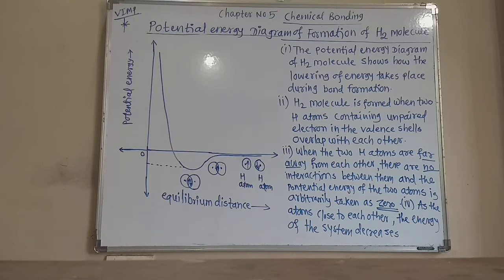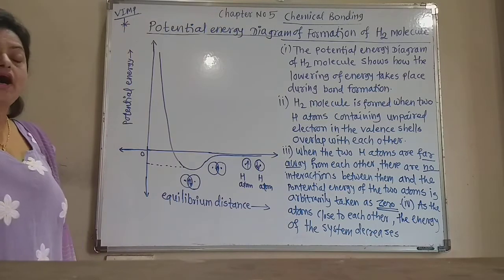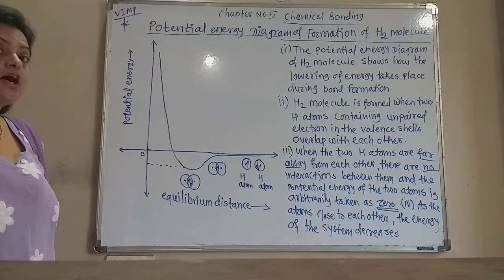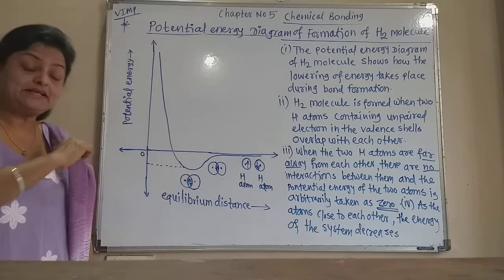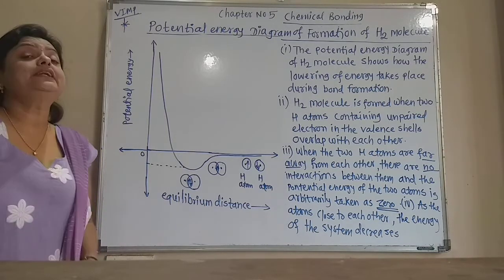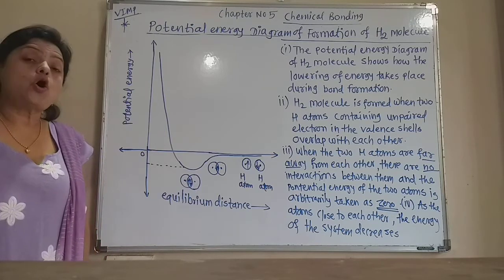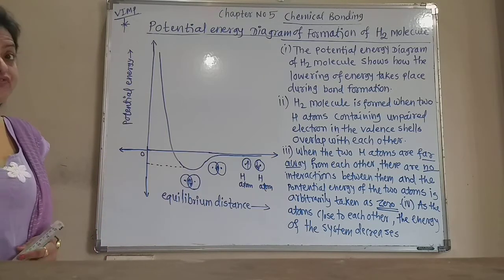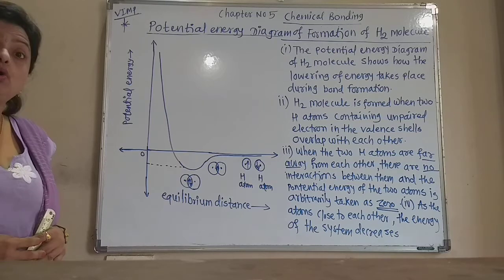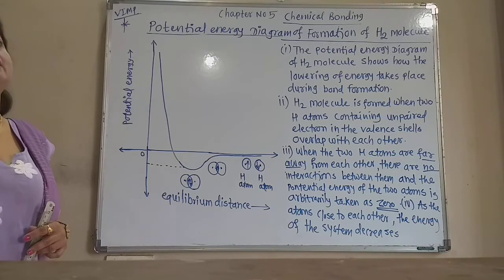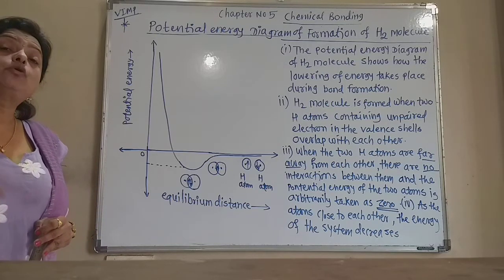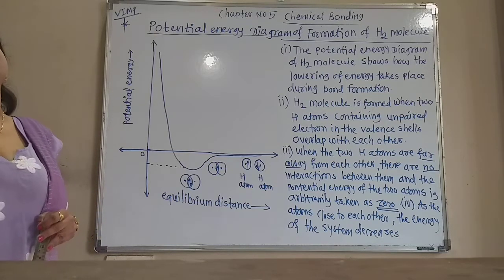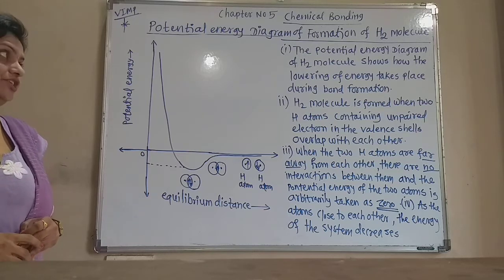Now let us explain the formation of the hydrogen molecule, that is, how the covalent bond between two hydrogen atoms takes place and how the potential energy of the two hydrogen atoms, which is first nearly zero, decreases during covalent bond formation. The covalent bond forms only during the decrease of potential energy.